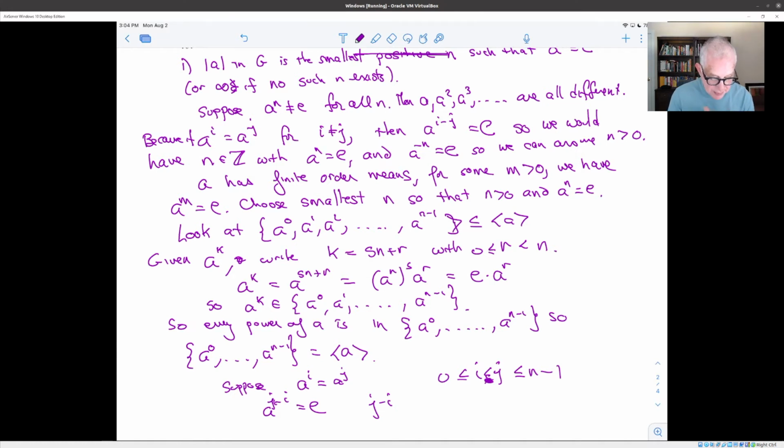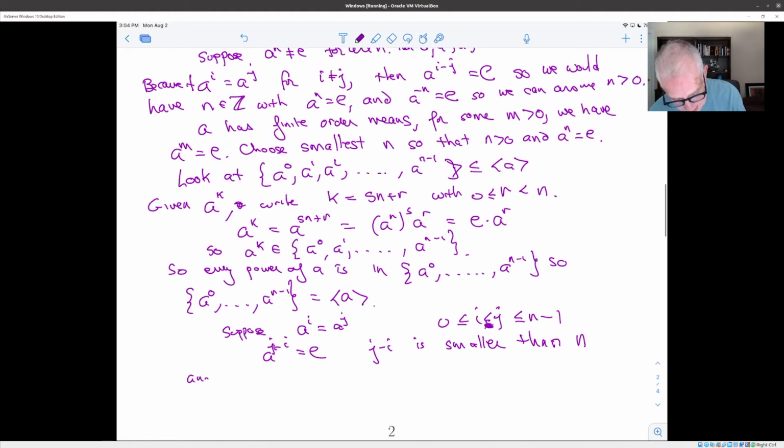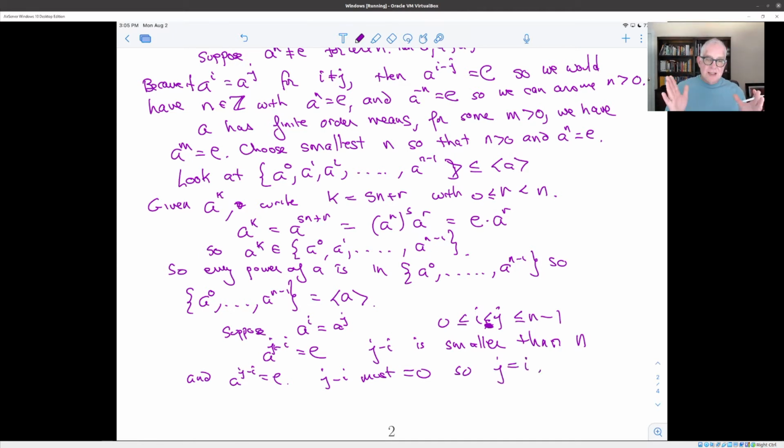It's a positive number, and this would give us a positive number smaller than n, and A to the J minus I would equal E. And the only way that can happen is if J minus I is 0. So these n elements are all different, and they cover all the powers of A.